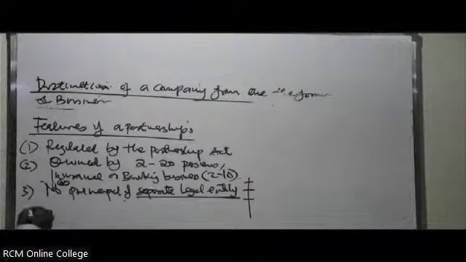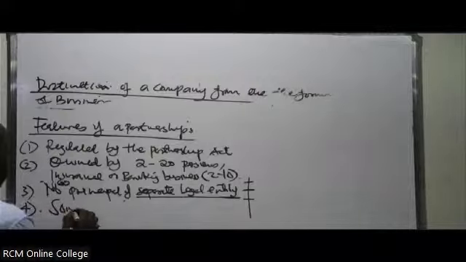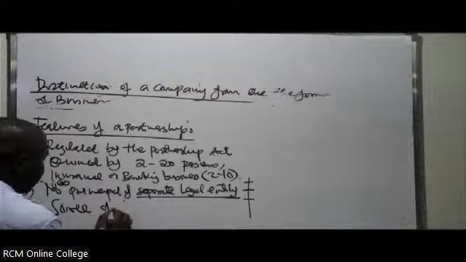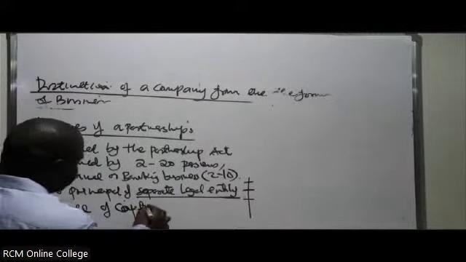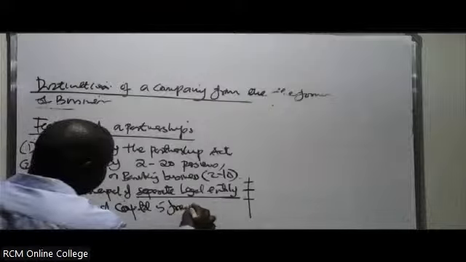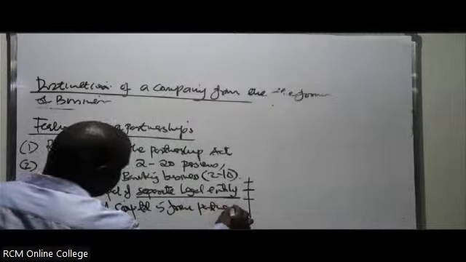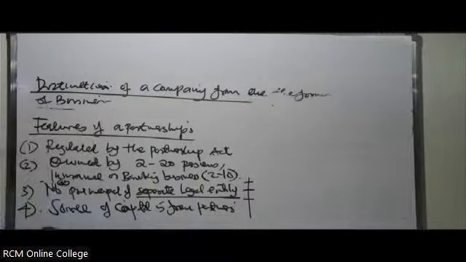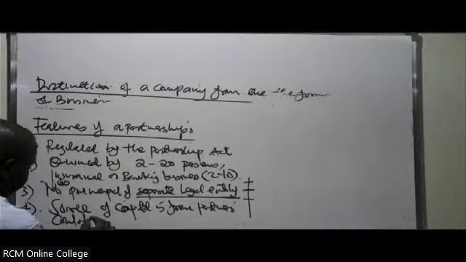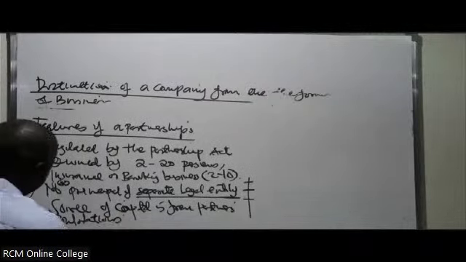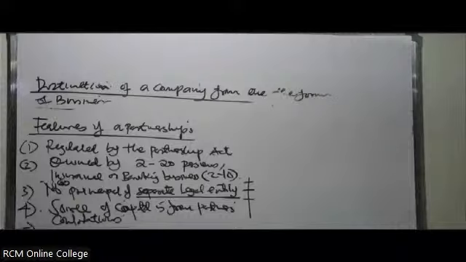Then another feature about partnerships that you have to be aware of is their source of capital. How do they raise their capital? Their source of capital is from partners' contributions towards the capital. What is the other key feature about partnerships?